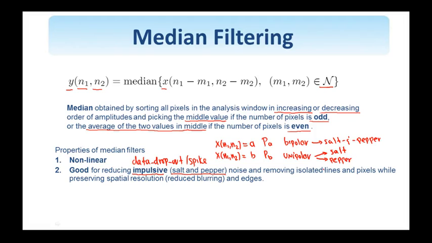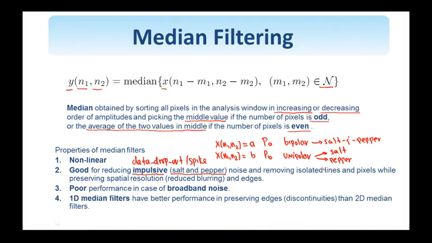So the median filter, as we'll show right away with a toy example, is again suitable in removing this type of noise while preserving the spatial resolution, not introducing blurring, and also preserving the edges. The filter, however, is not very good if the noise is broadband, as was the case in what we studied earlier with respect to the mean filter.